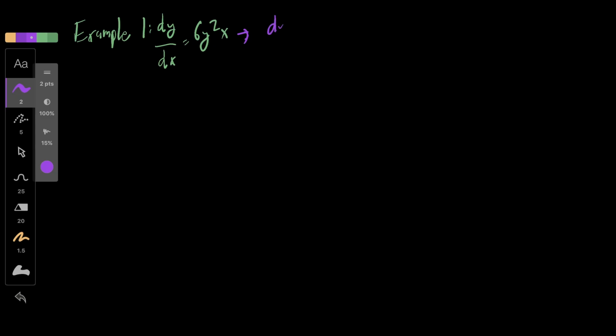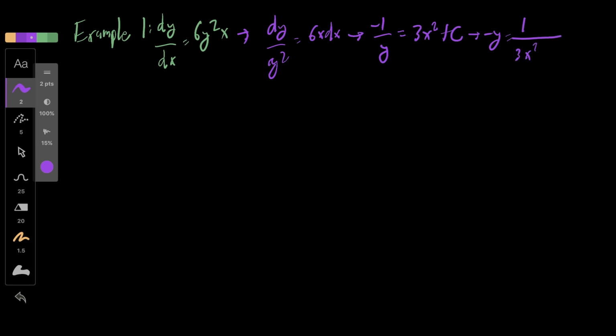So we get dy by y squared is equal to 6x dx. Now integrating gives us negative 1 by y is equal to 3x squared plus c. Now, taking the reciprocal, we get negative y is equal to 1 by 3x squared plus c. And then, taking the negative, we get y is equal to negative 1 over 3x squared plus c.